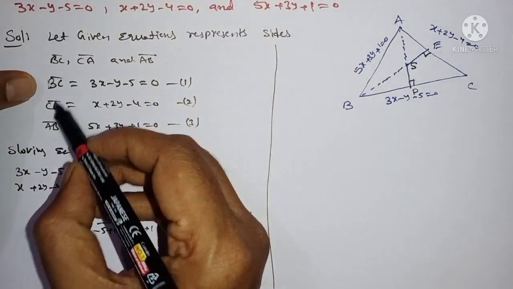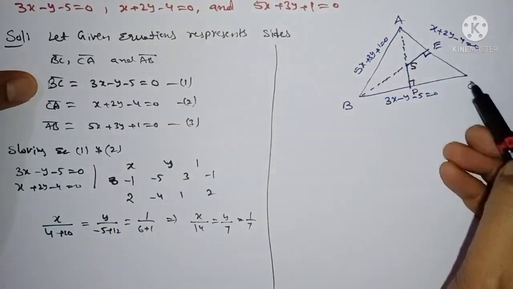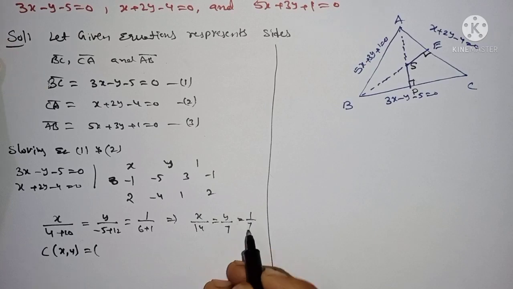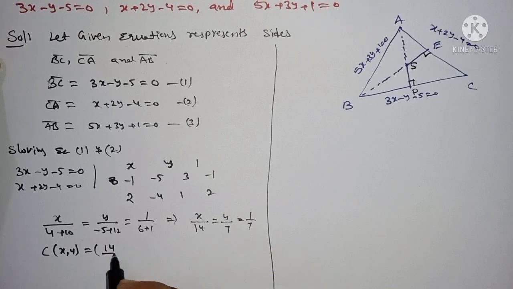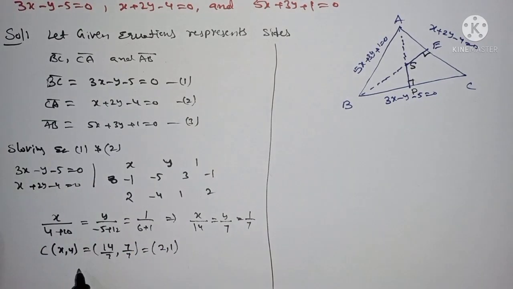Therefore, BC and CA, what is common? The common one is vertex C. How much is it? 14 by 7 and 7 by 7, or I can write here 2 comma 1. Therefore, you got vertex C, x comma y is equal to 2 comma 1.